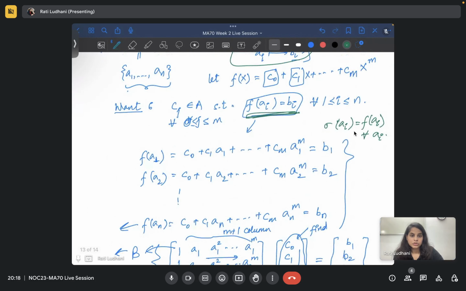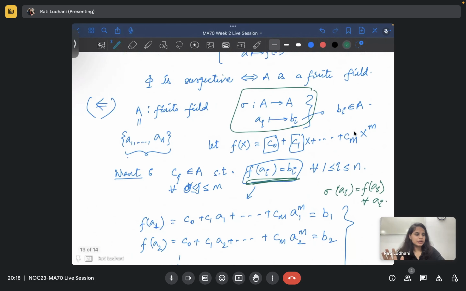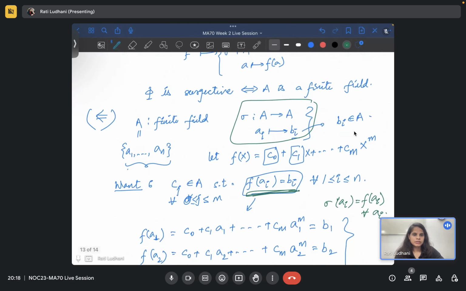No, the Bi's are not distinct. Maybe what can happen is all the Ai's will map to 0. Then all the Bi's will be just 0. Bi's are just representations for where Ai maps.